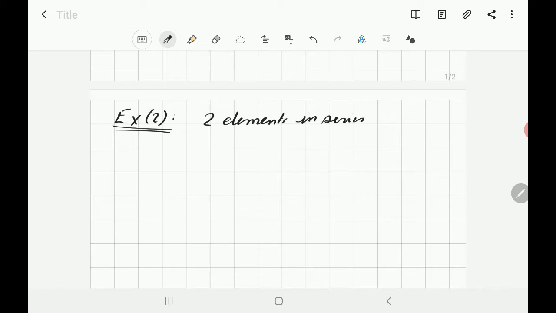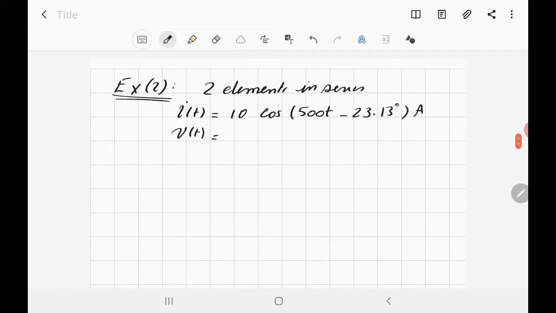When we measured the current and the voltage of this branch, we found out that the current is equal to 10 cosine 500t minus 23.13 ampere, and the voltage across this branch is equal to 50 cosine 500t plus 30 degree volt. So we want to find these two elements in series.